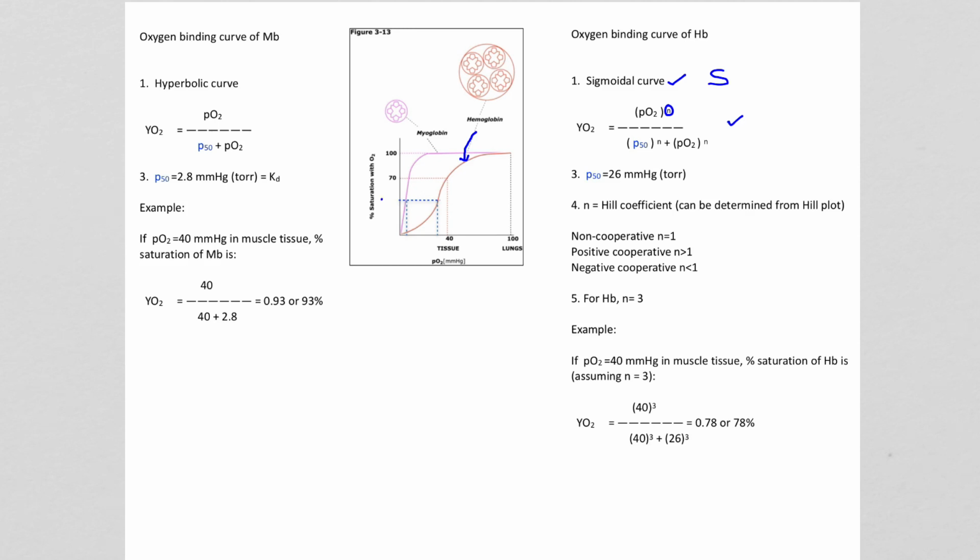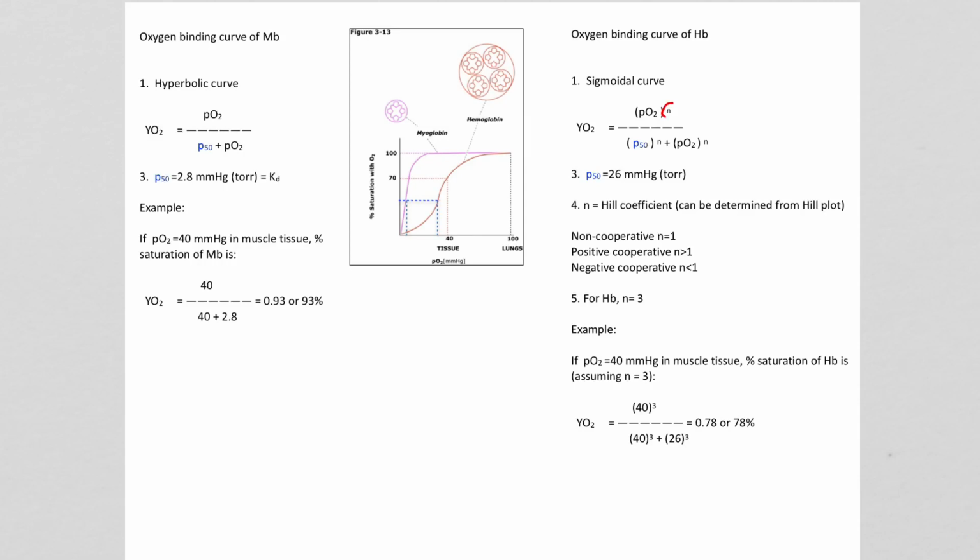At 50% hemoglobin saturation, YO2 of 0.5, if we extrapolate that, we get a PO2 of about 26 millimeters mercury. So this is the P50 of hemoglobin. You can see this number 26 is almost 10 times greater than that of myoglobin.